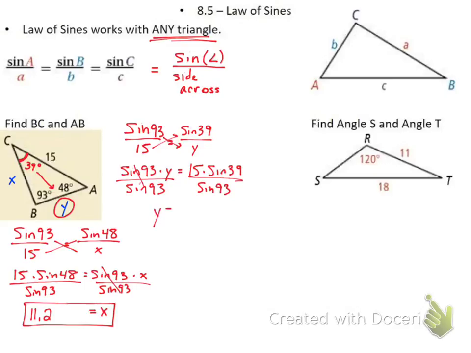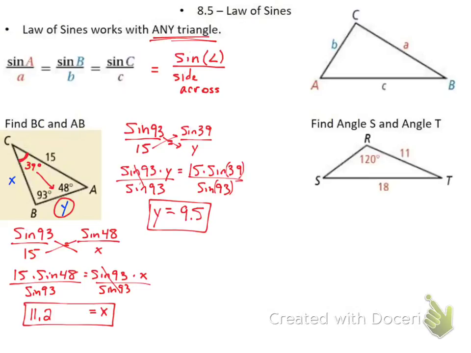So I get Y is equal to, and then when I do that, again, just make sure that after your 39 you close your parentheses of both of those. If you leave it open, it'll give you a bad answer. So when I do 15 times the sine of 39 divided by the sine of 93, I get 9.45, so it rounds up to 9.5. Just like that.